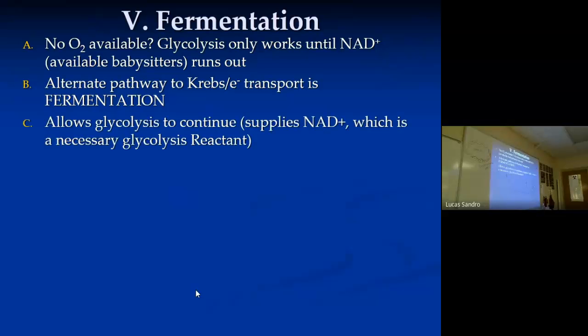This alternate pathway is basically going to do the job of the electron transport chain in terms of stripping the electron off of NADH. Krebs is gone, but glycolysis is fast enough to keep you going for a while if you can just keep supplying NAD+. And so fermentation is what allows NAD+ to be recycled.